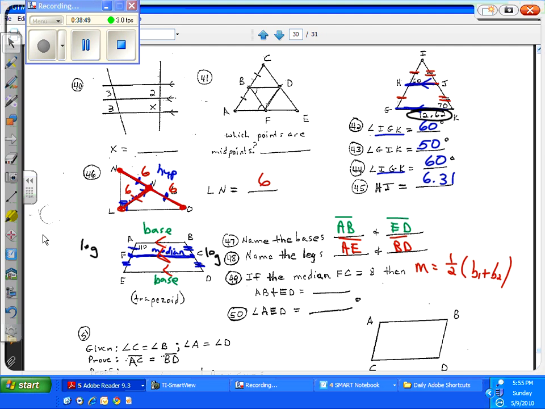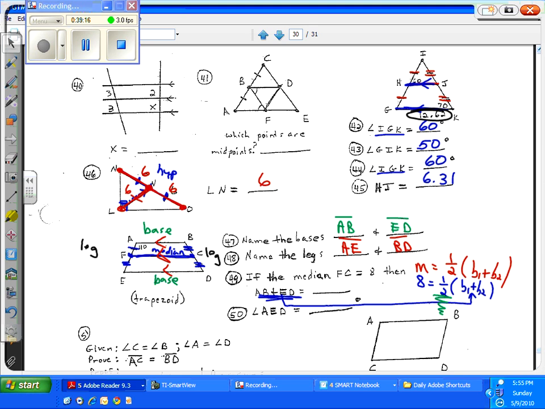Using that formula, if the median FC is 8, then we can say 8 is 1/2 of base 1 plus base 2. So what would AB plus ED have to be? In other words, what would the sum of the bases have to be for that to be an 8?